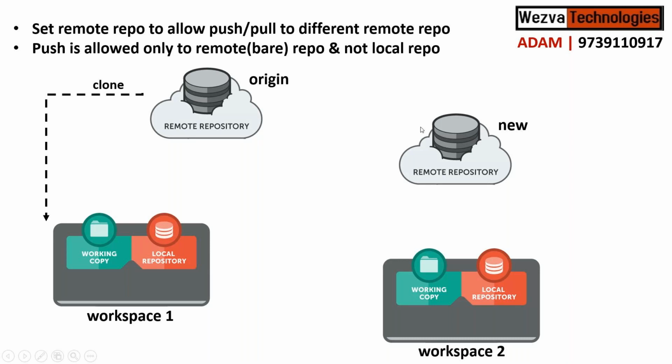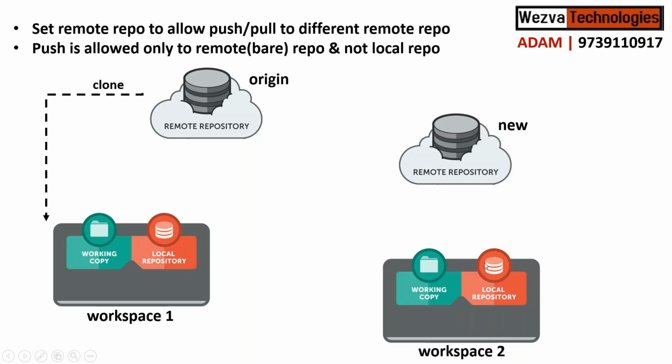Just for understanding, I have put here that you have another new remote repository as well as another local repository created. If you are trying to push or pull to another remote repository, it is possible.